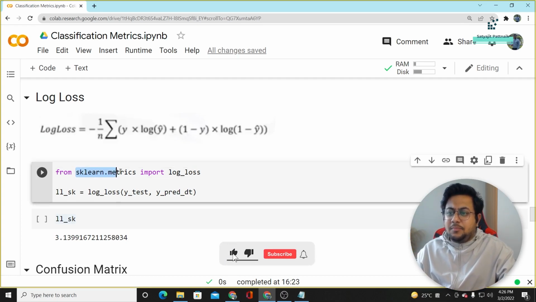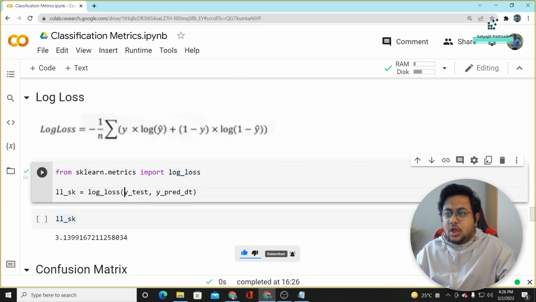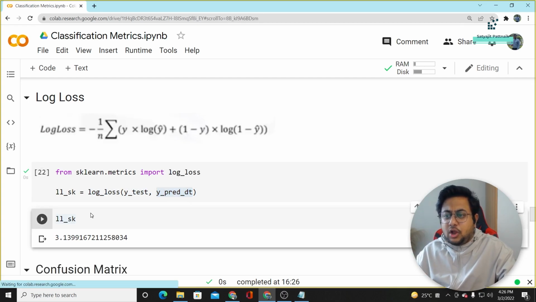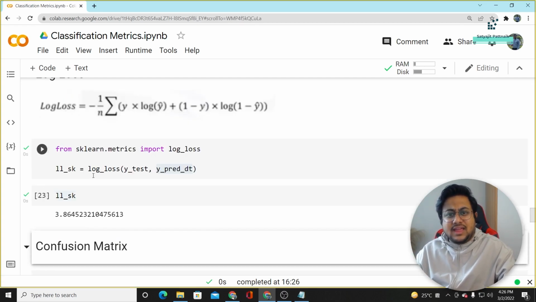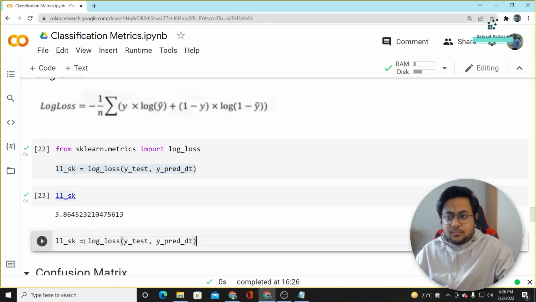So here I'm implementing sklearn.metrics log_loss, and I'm calling log loss on my decision tree data. What is my log loss value? 3.86. Now we will do the same thing for my KNN model as well.